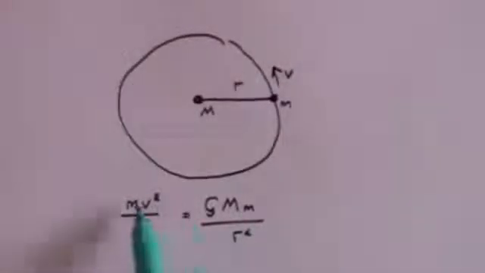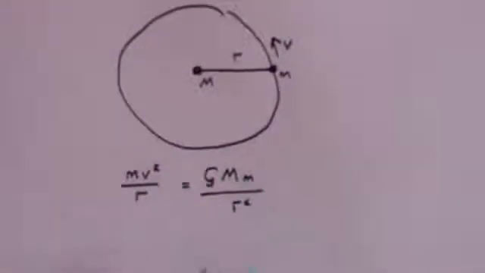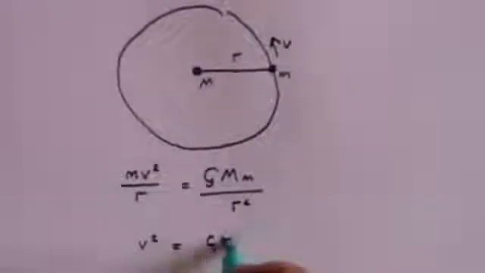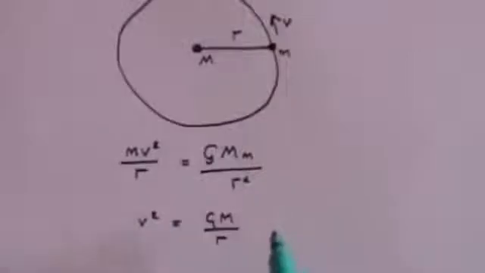And you will see that the little m's cancel, and if you rearrange the formula, you will find that v squared is equal to GM over r, G capital M over r. And if you look at that, you'll find that G, of course, is a constant, the gravitational constant.